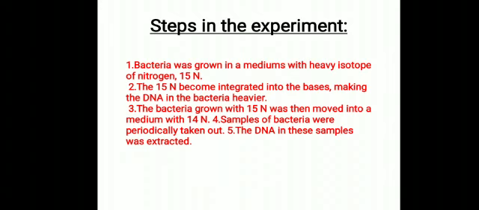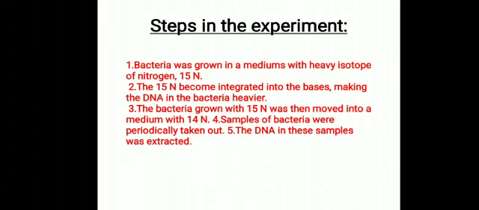The first primary thing they needed to think about before doing this experiment was how to distinguish between the parental strand and the new strand, so they could easily tag the bases. They tagged the bases with heavy nitrogen.